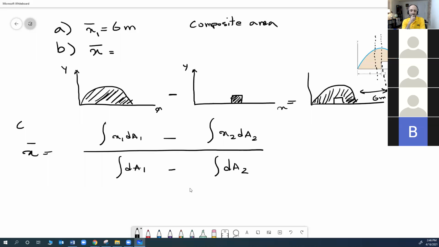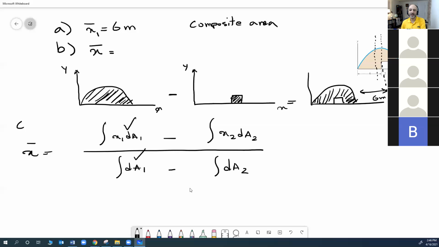Okay. So this is how I do composite area. If there was something else added to it or deducted from it, same. You just keep going. Add another area, deduct another area, and so on. Okay. So I already found these two. All I have to do is do these one.